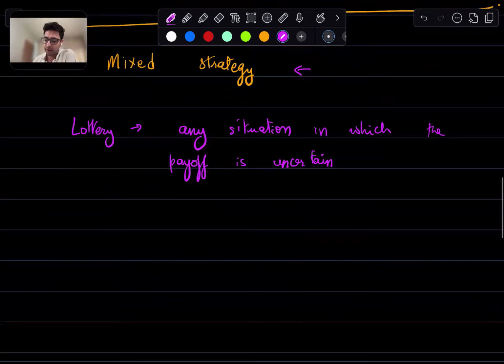Risk neutrality just means that the payoff is the same as the expected payoff. So what you care about is the expected utility.